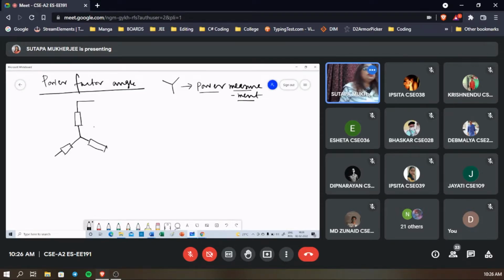So this is the wattmeter current coil. This is the wattmeter pressure coil. This is the wattmeter. And again, come here, this is another one, another wattmeter with current coil and pressure coil.